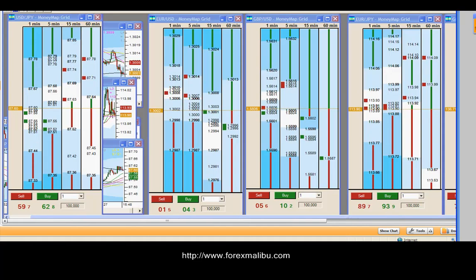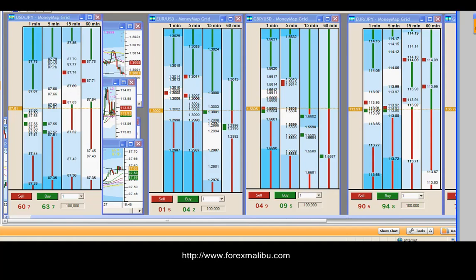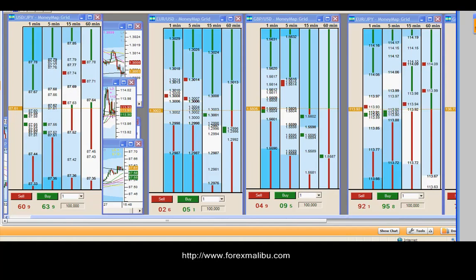Euro yen is trying to go lower. If dollar yen can follow suit, and if euro dollar can follow suit and move lower, which it looks like, we've got our L1 starting to point down on the 1 minute euro dollar.